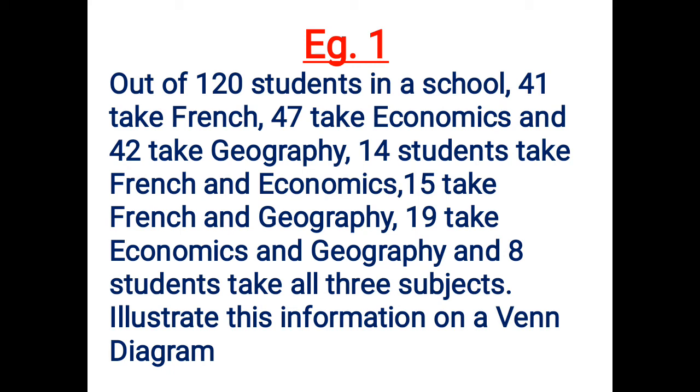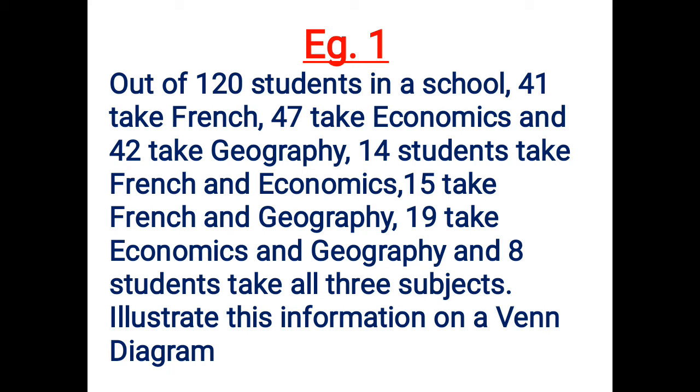All right, now before the next slide appears, I want to tell you something. Whenever you get the set problem, the first thing I advise is that you get your universal, the one that comes outside the rectangle. Over here, our universal is going to be 120, because that is the total number of students, right? So get your total number of students.